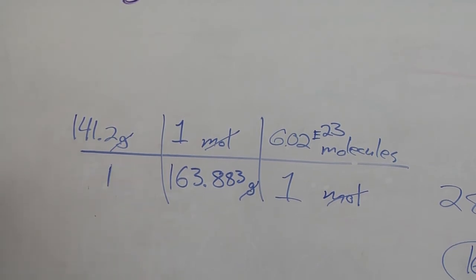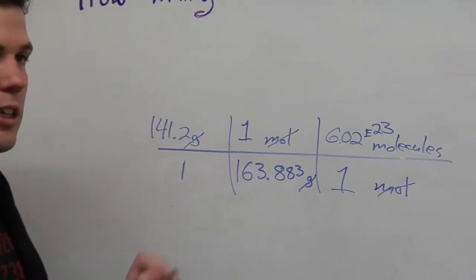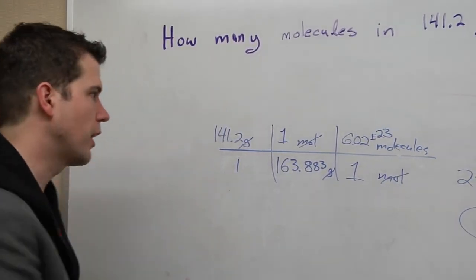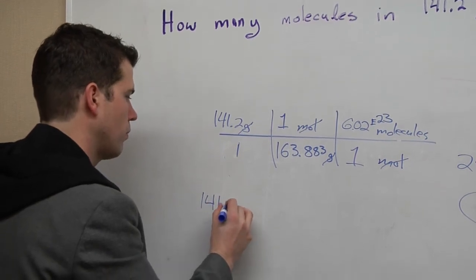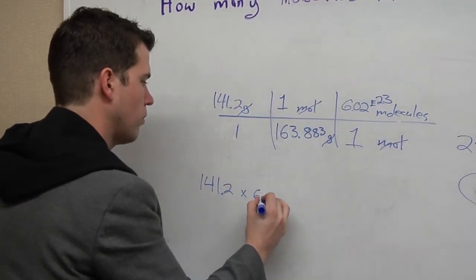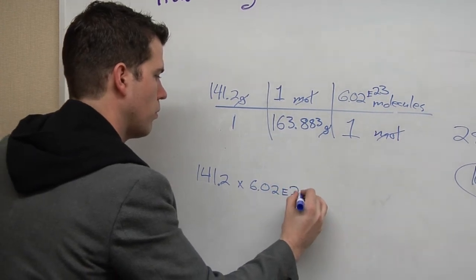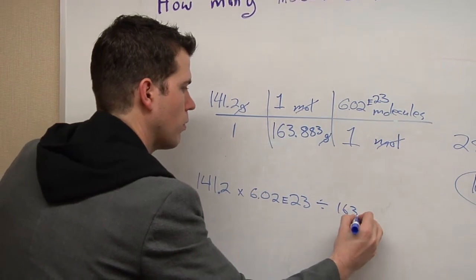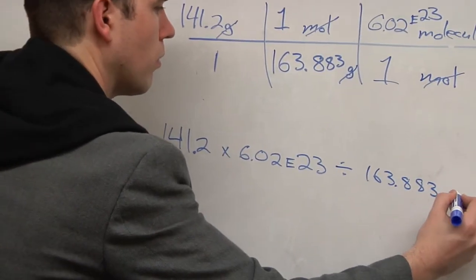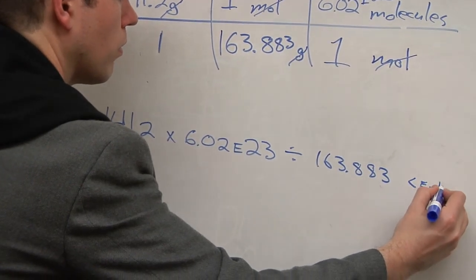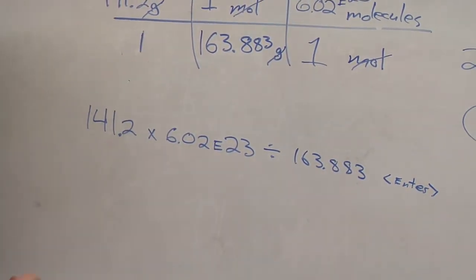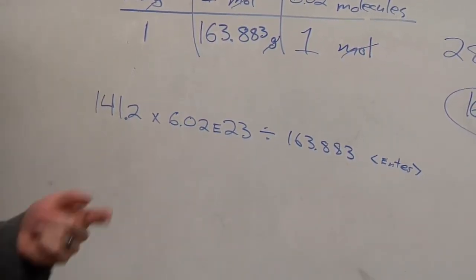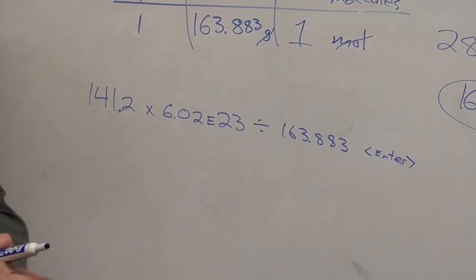If it's a 1, you don't need to input it into the calculator. So this is exactly what I would type if I were using one of the TI 84s or 85, something like that. 141.2 times 6.02 E23 divided by 163.883, enter.